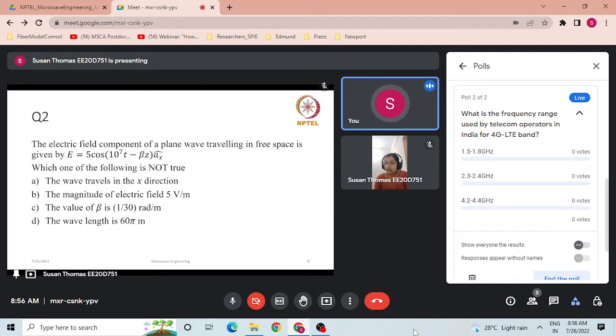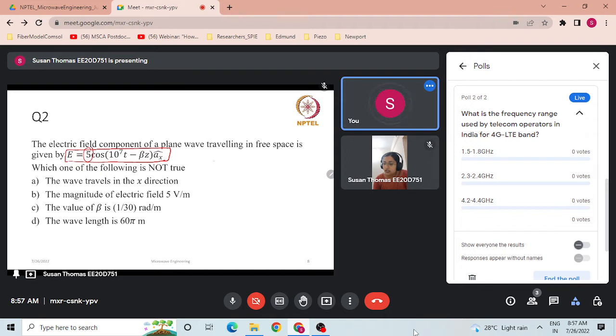We have the electric field component here. As is clear from this, the electric field has only an x component. The magnitude of that electric field is given here.